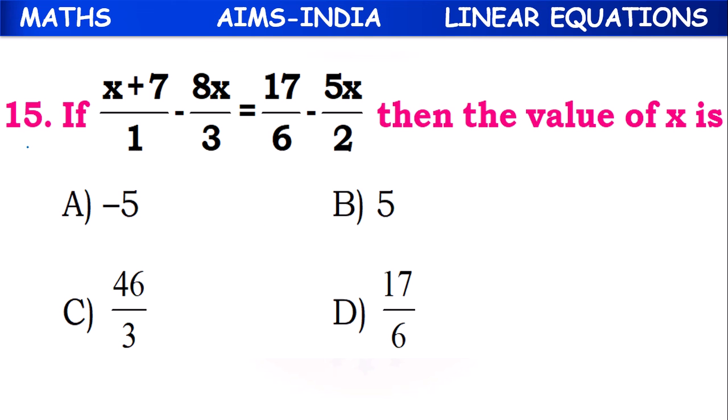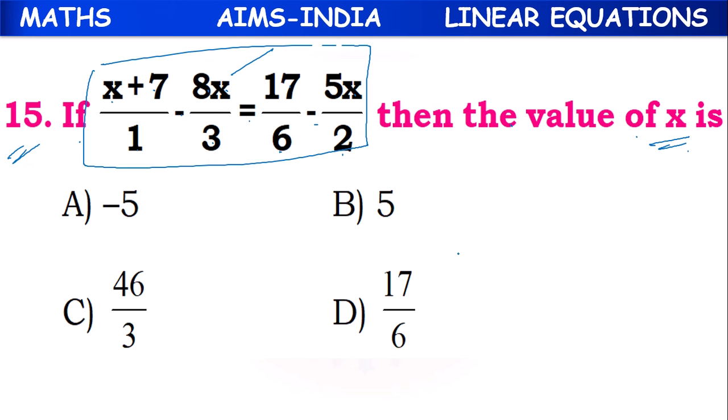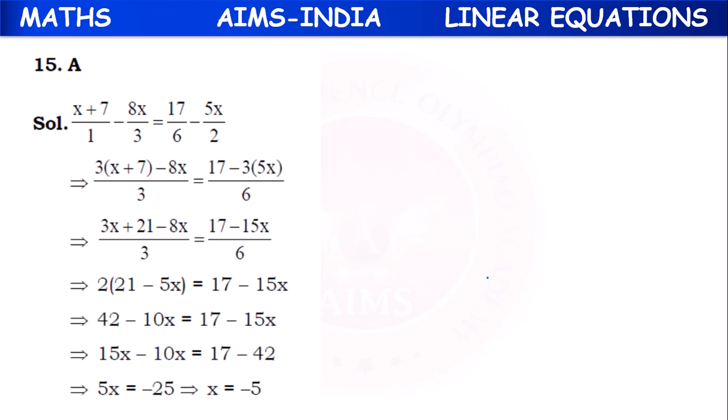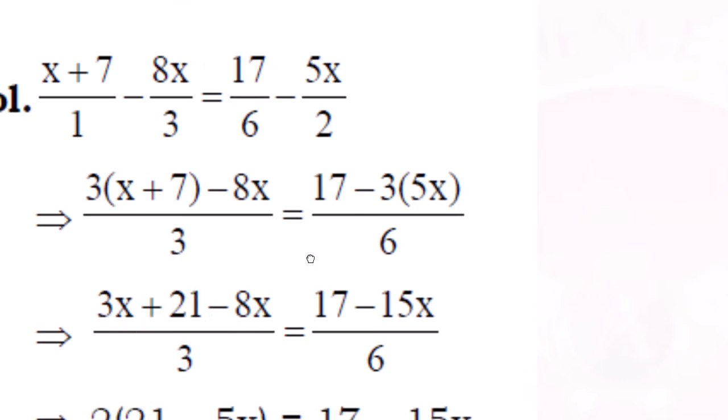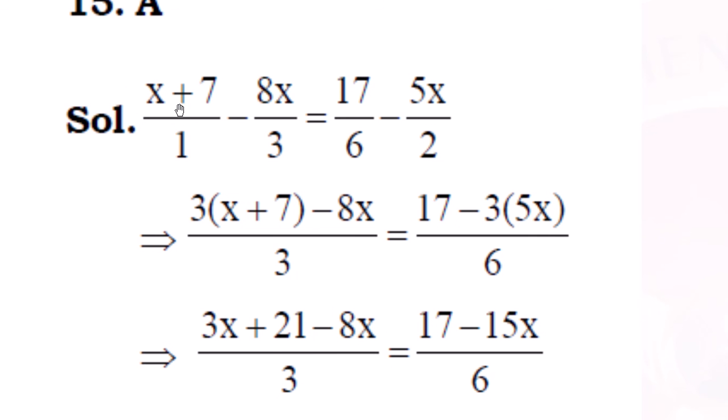Next one, 15th question. If x plus 7 by 1 minus 8x by 3 equal to 17 by 6 minus 5x by 2, then the value of x is how much? They have given one equation containing variable x. We have to find the value of x. Here children, we have to take the LCM.